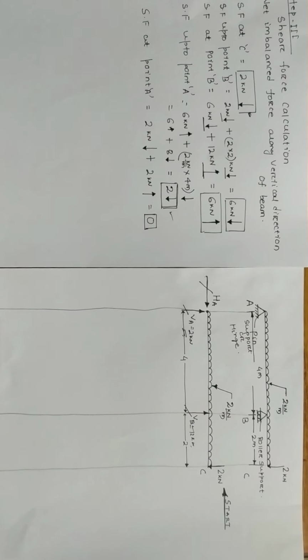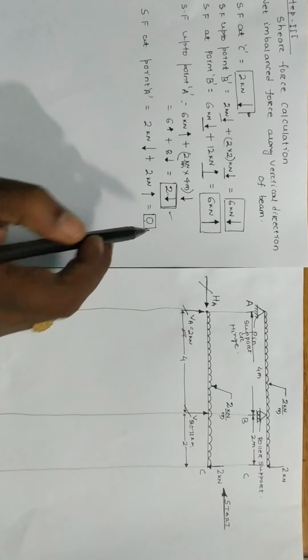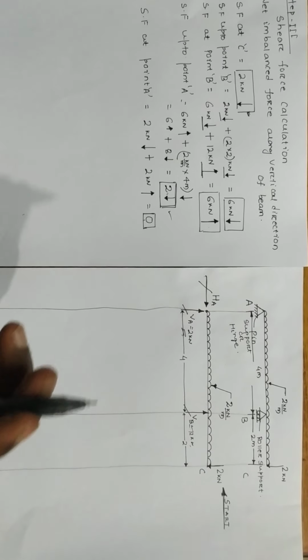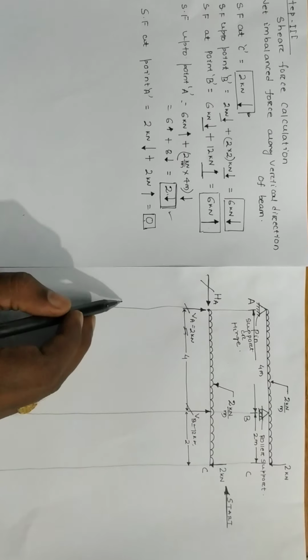Okay, so now it is over. So we have to represent these points. How many points? Number 1, 2, 3, 4, 5. First you draw a reference line. I am drawing the reference line, reference line or datum line, 0, 0 line.